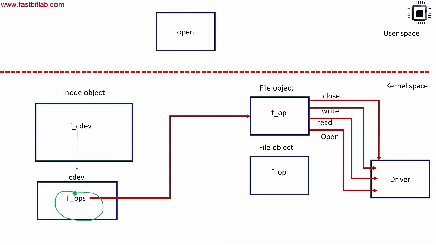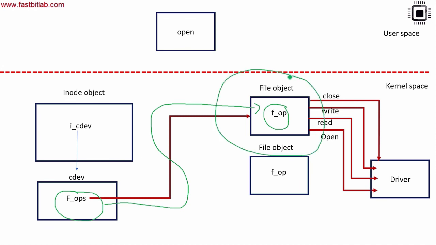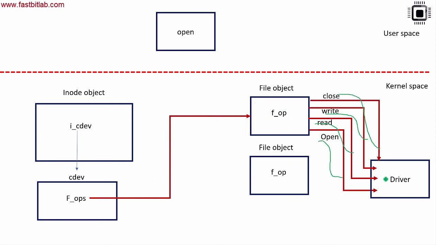This file operations field is pointing to your driver's file operations. That file operations field is copied into the file object's file operations field. And this is a file object which controls an opened file. From here, the open, read, write, close, all system calls will get connected to your driver's methods.